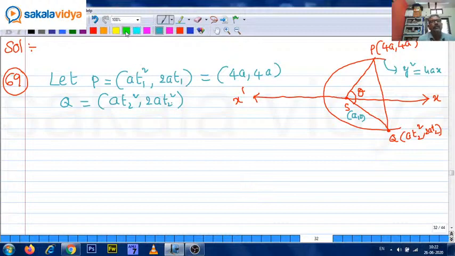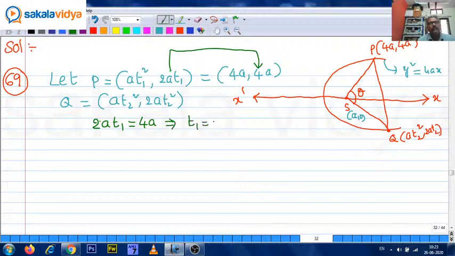Now if you equate these two, 2at1 equals 4a, so t1 equals 2.